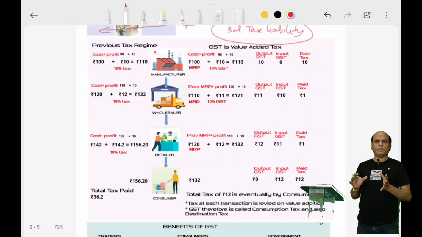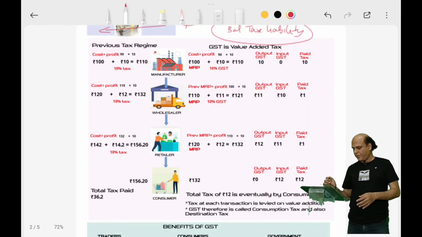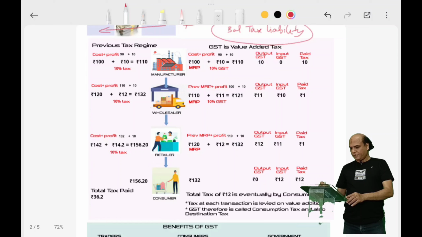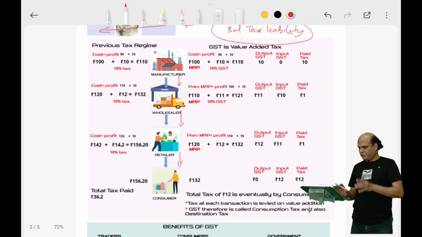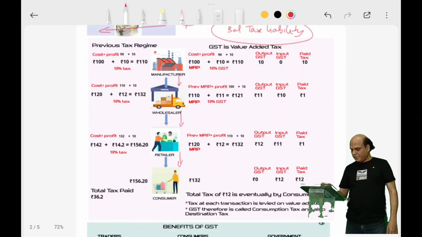Let us see this example, then you will understand it thoroughly. If you see in the picture, manufacturer, wholesaler, the goods move from manufacturer to the wholesaler, from wholesaler retailers purchase them, and from retailer the end consumer will purchase them. This is the flow of goods.